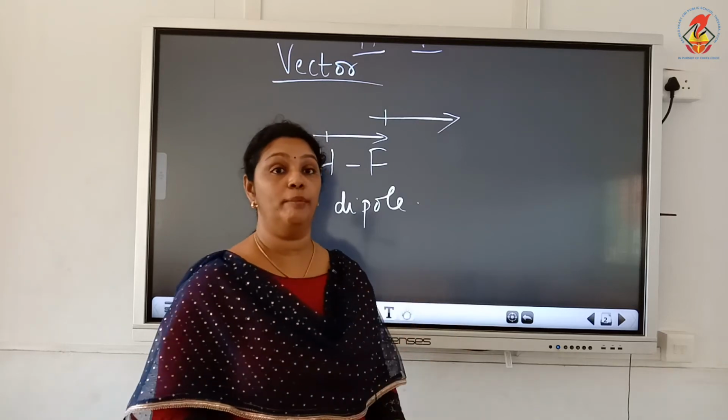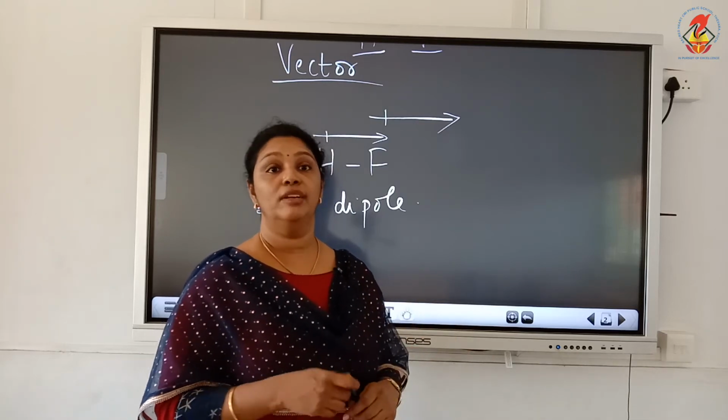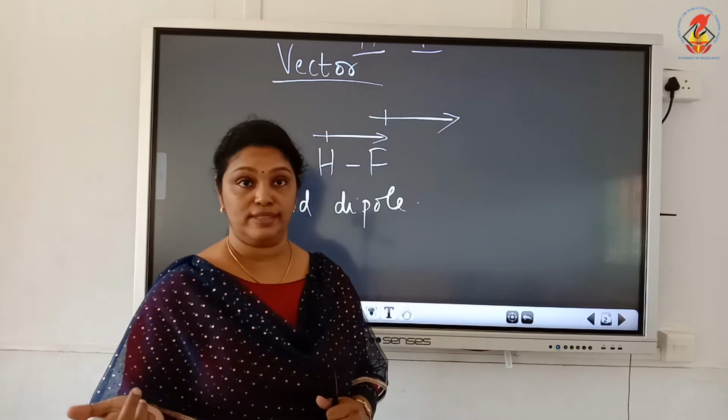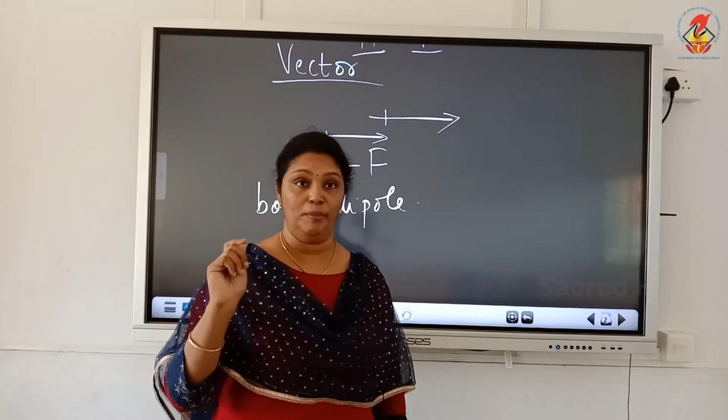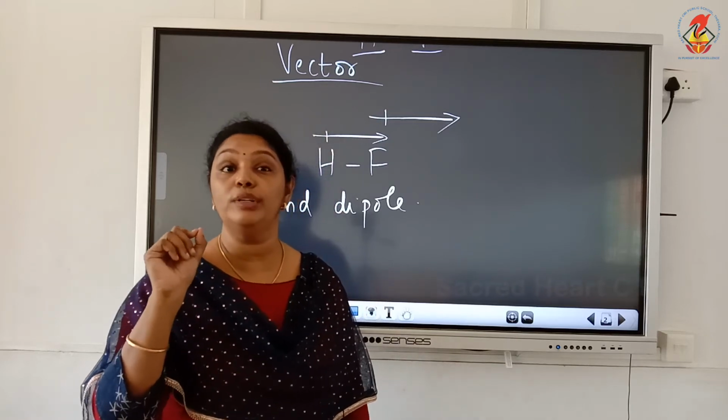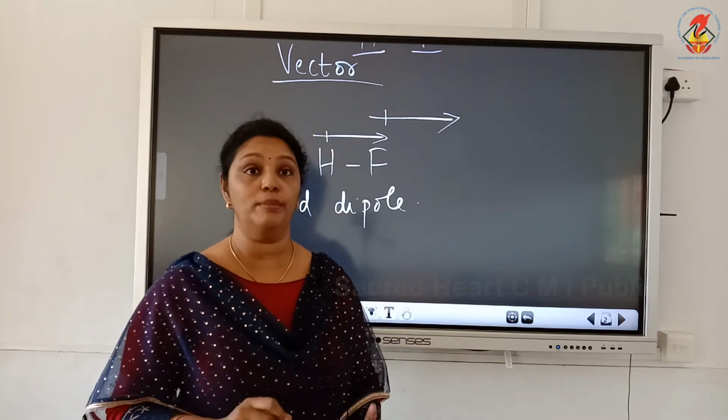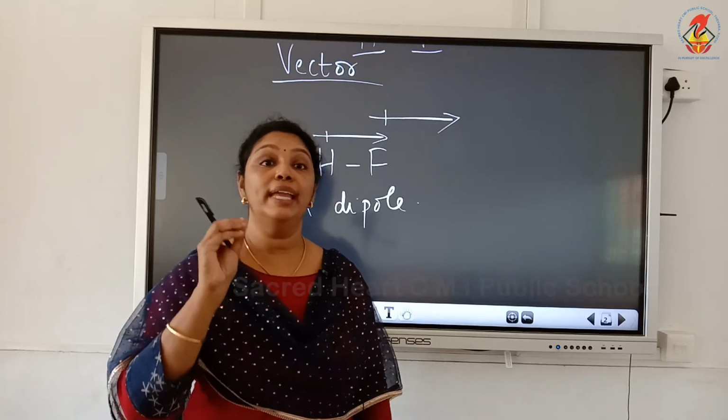What do you mean by bond dipole? If it's a polyatomic molecule, there will be many bonds, so each bond will have a value for dipole moment. That is called bond dipole.